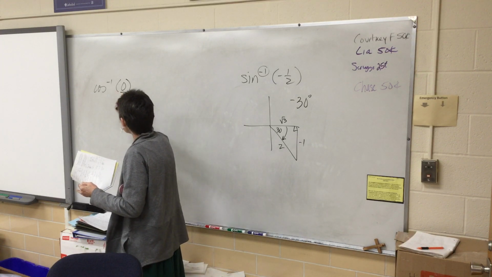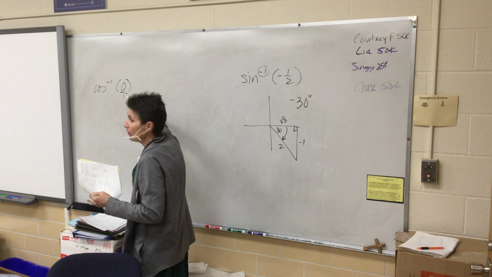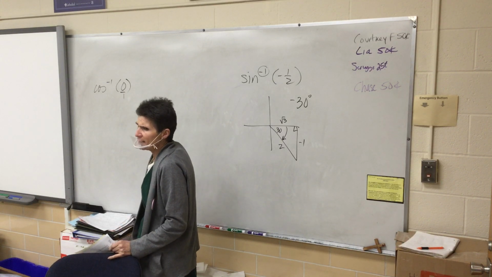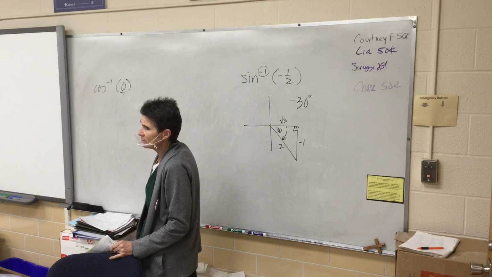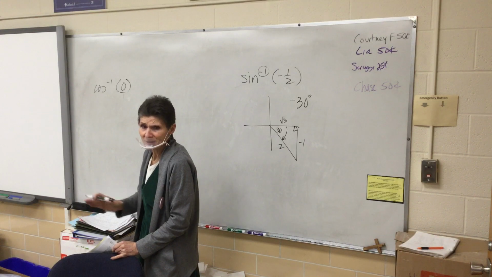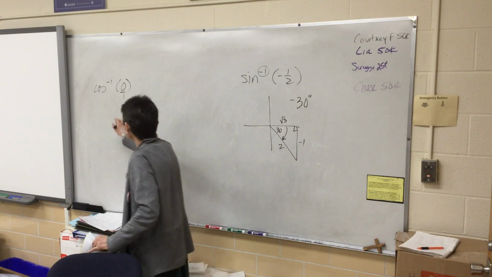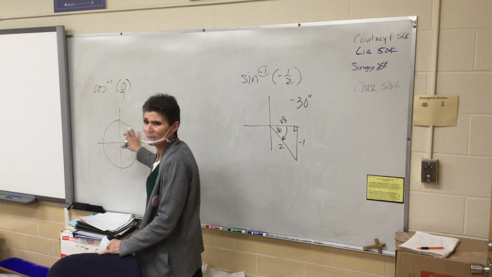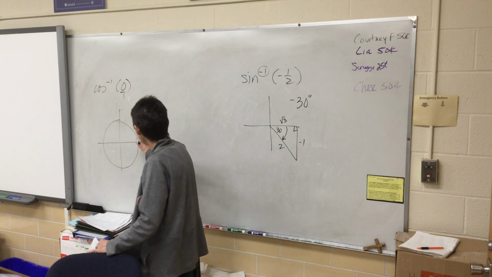So that means adjacent over hypotenuse would be 0 over 1. Can I draw a triangle with a side of 0? No. When zeros pop in, doesn't that make you think about your circle? Because that's where you find zeros, right?